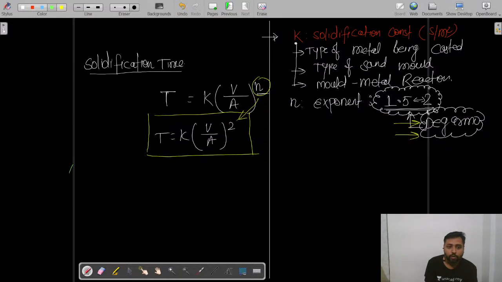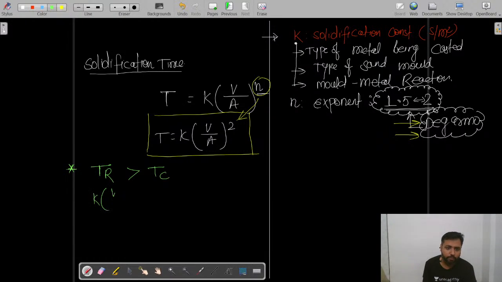Come on. Then, you see, as I told you, the solidification time of the riser should be more than the solidification time of the casting. Then only the riser will be capable of taking care of the first two stages of shrinkages. Right, my dear?